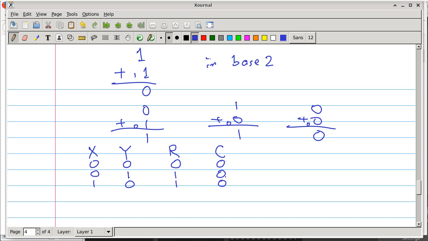The only one that is a little bit tricky is the last one. 1 plus 1 has a result of 0 and a carry of 1. Are we doing okay so far with this? This is just a tabular format of what we have been talking about.